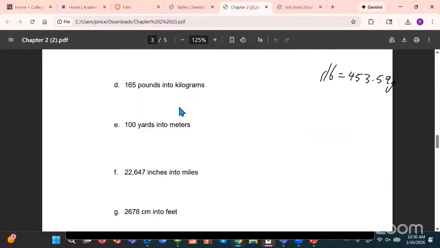So the question says you're starting off with 165 pounds, and we want to convert it to kilograms.